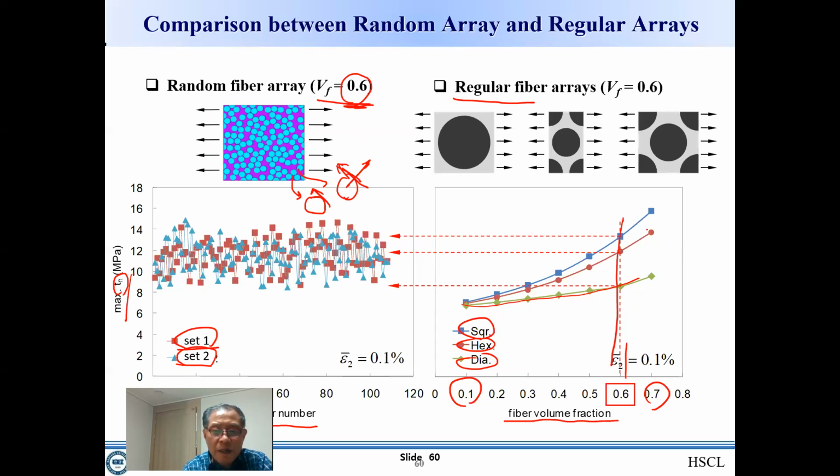The value in red is the hexagonal, so hexagonal is about the middle range. The blue one, the square, represents about the maximum, and the diamond array represents a lower level, with some middle levels.